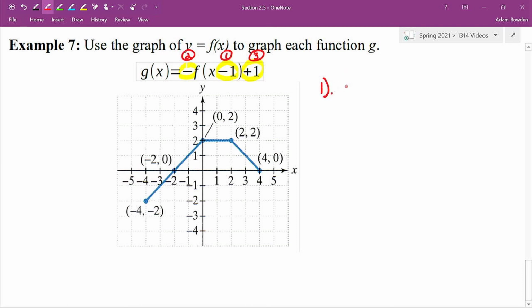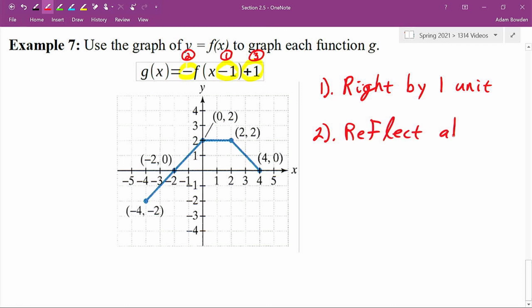The first transformation, because of the minus 1, is going to move it to the right by 1 unit. The second transformation would be to reflect, because of the negative out in front, and that would reflect it about the x-axis. And then finally, the third transformation would be the vertical transformation to move it up 1 unit.